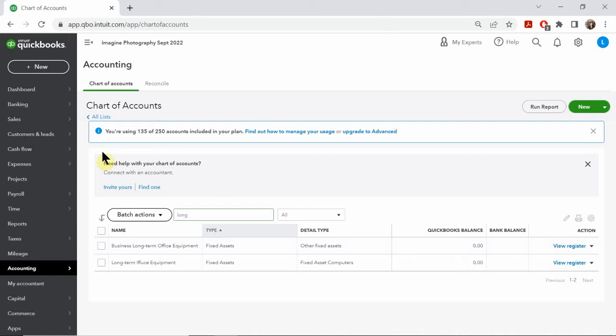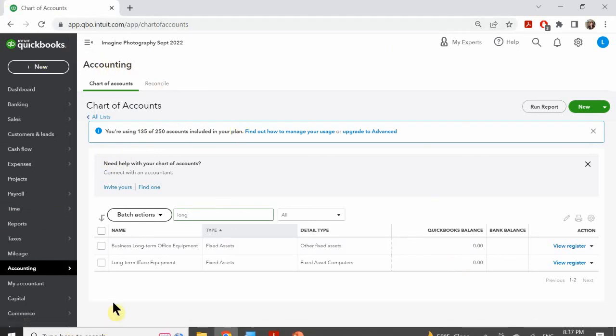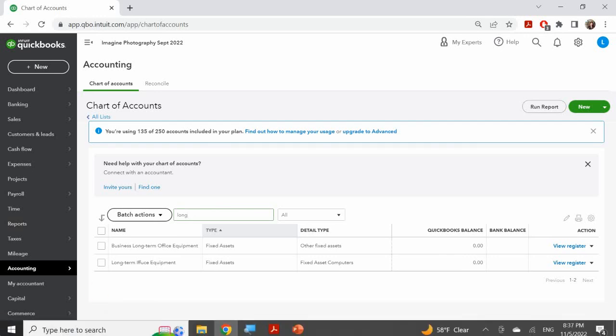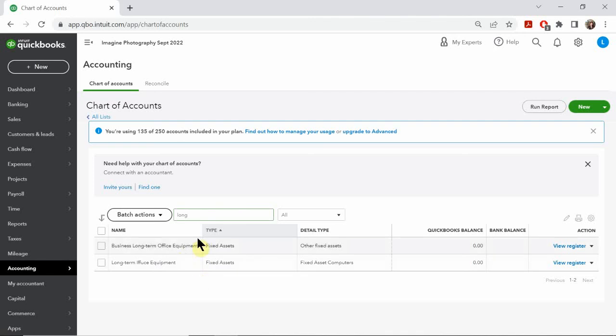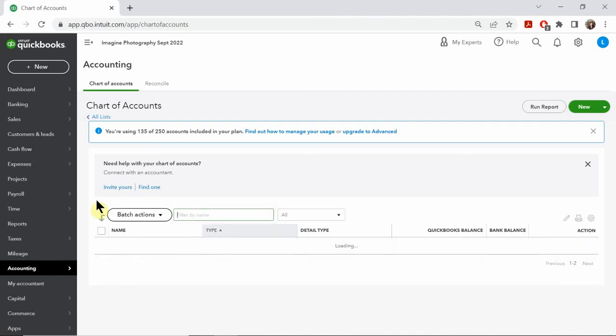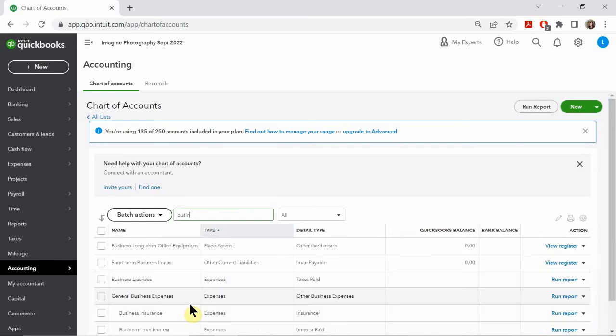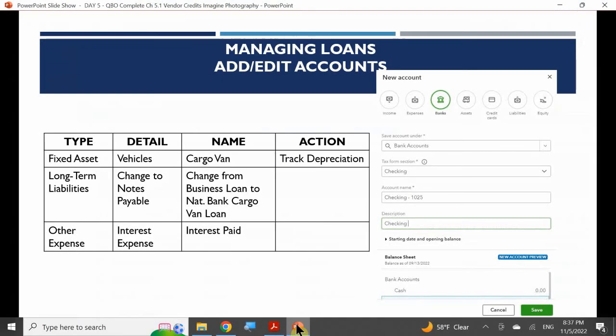So in this case, this one is a long. Okay, so I put in long. You've got business long-term office equipment, and then you have long-term equipment, office equipment. So nothing there. It says to change from business loan to National Bank loan.